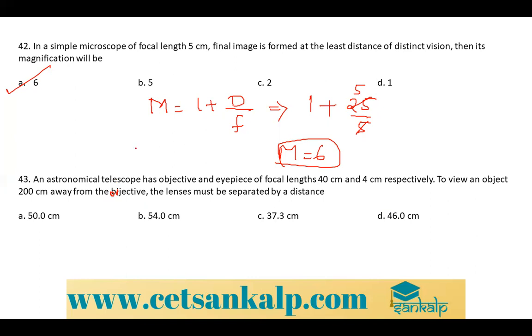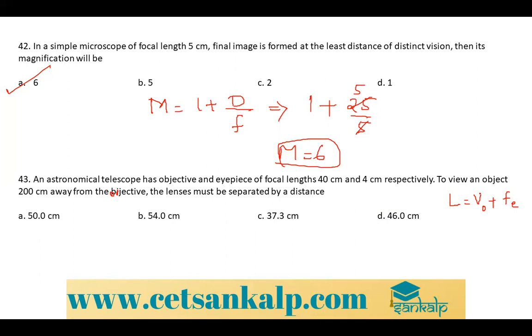So for this the formula is L is equal to VO plus FE, that is nothing but the length of the astronomical telescope.